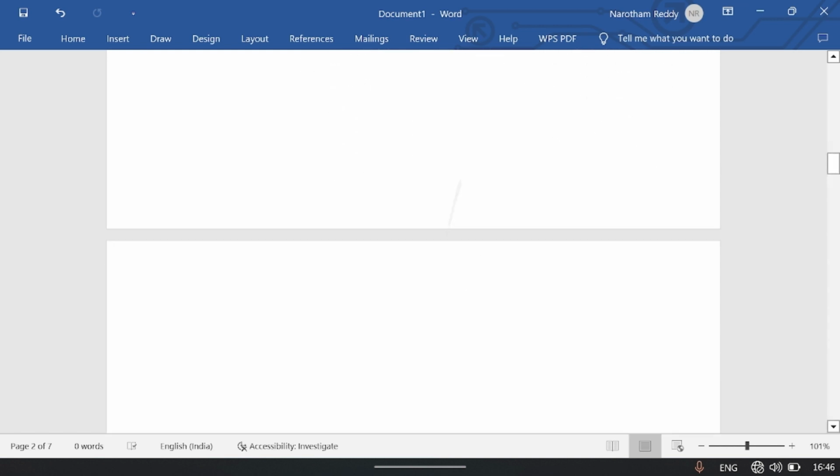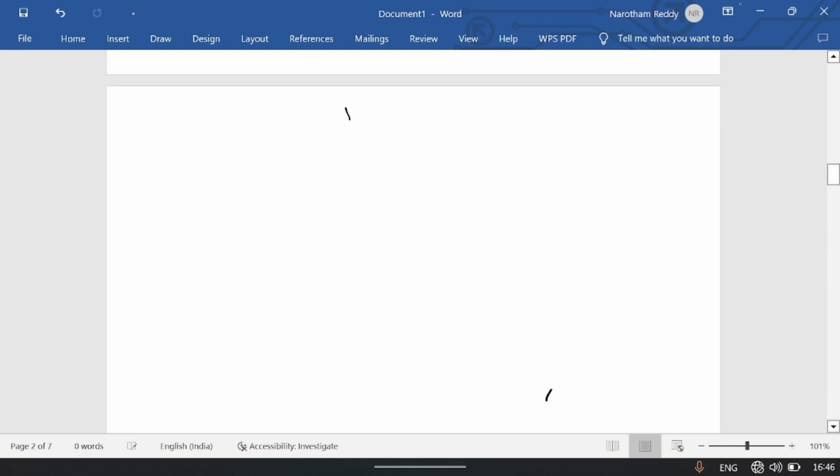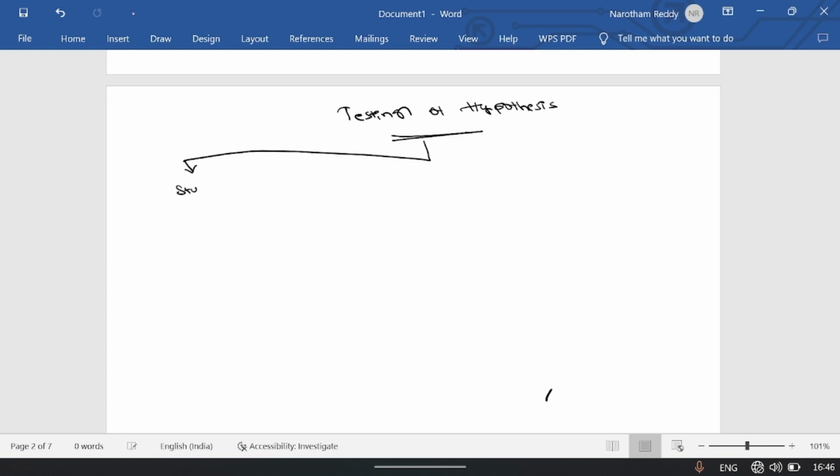Now coming to testing of hypothesis. There are various types of testing of hypothesis. First one, student t test. Second one, F test. Third one, chi-square test. In student t test, there are three methods.